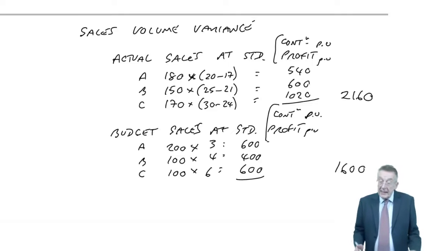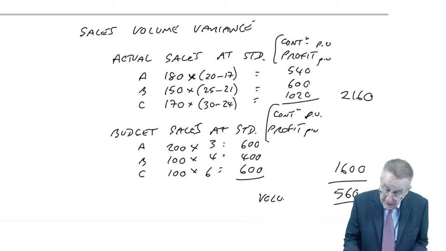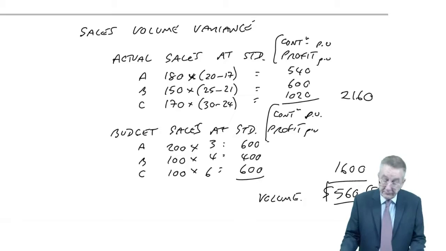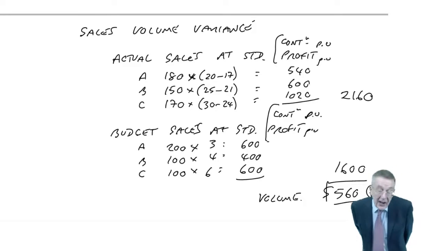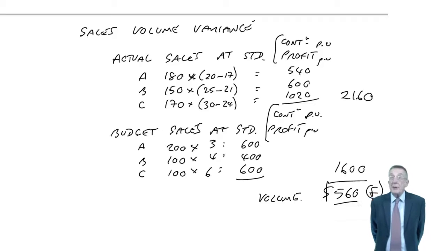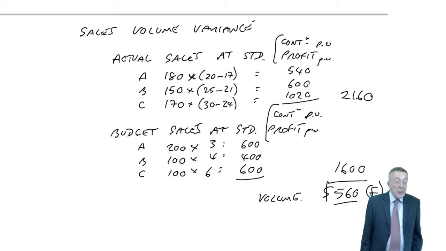So in fact, we've done massively better here. The sales volume variance is 560 favourable. So, so far, nothing new at all. It just takes slightly longer, obviously costing out 3 products instead of 1. But otherwise, exactly as always.